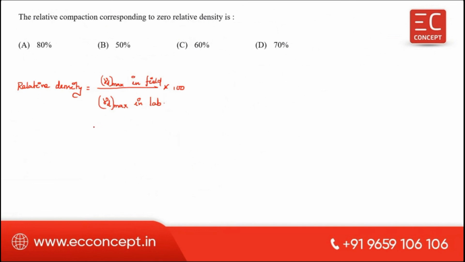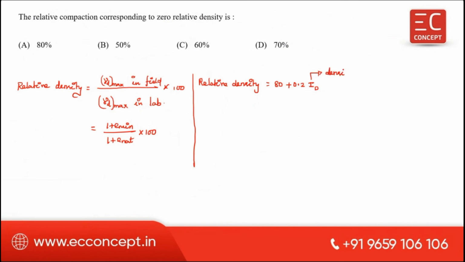It was further written as (1 plus e minimum) void ratio divided by (1 plus e natural) into 100, and also the relative compaction is written in terms of density index. Sorry, in terms of density index, this is the empirical formula: R = 80 plus 0.2 Id. What is Id? It is the density index.